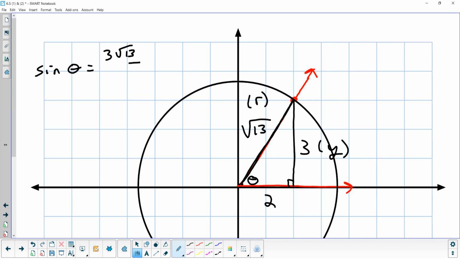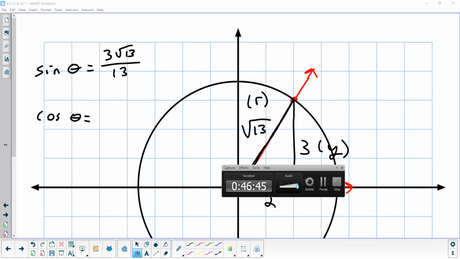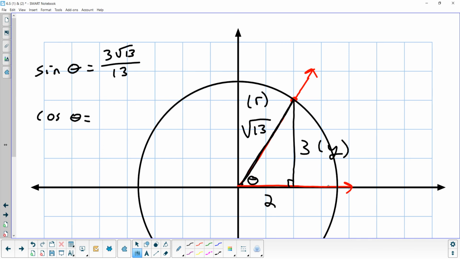So 3 square root 13 over 13. And see if you can get the cosine. What about my cosine? What would that be? Okay, that's x over r. Sophie? 2 over square root 13. And when you fix it? 2 square root 13 over 13. Perfect. And what about my tangent?